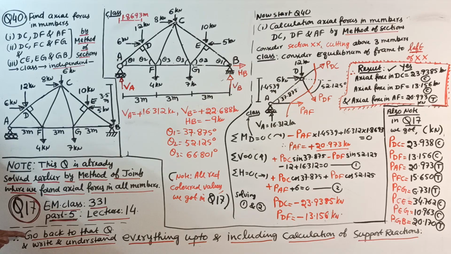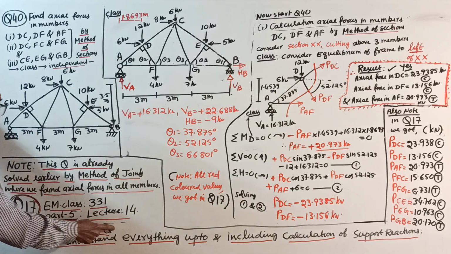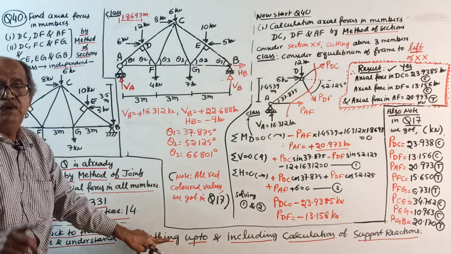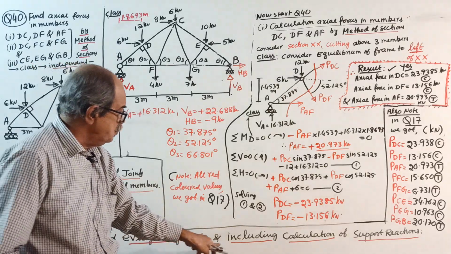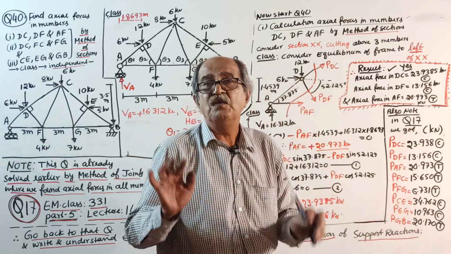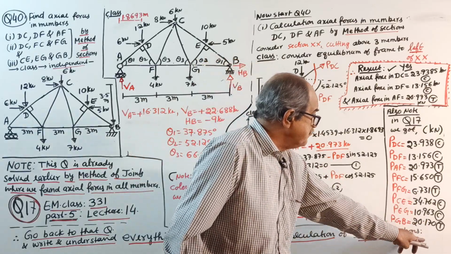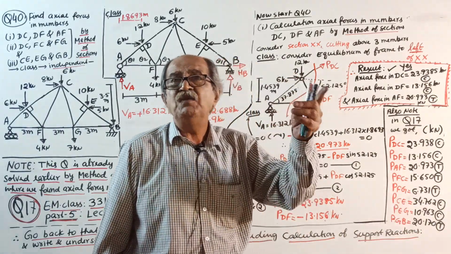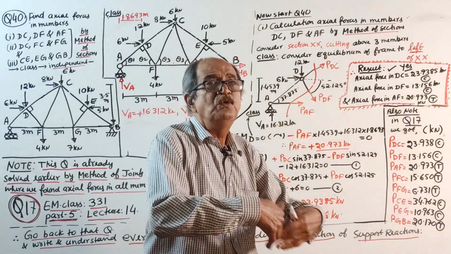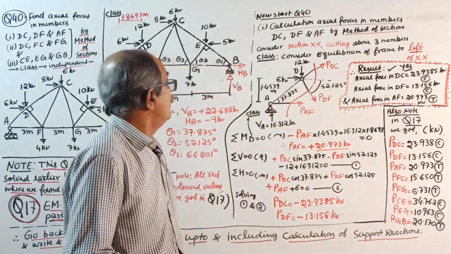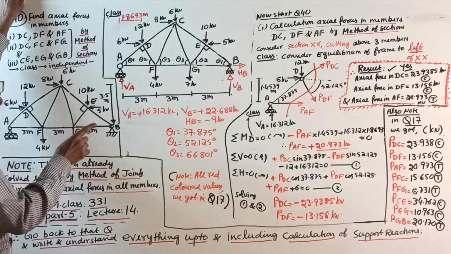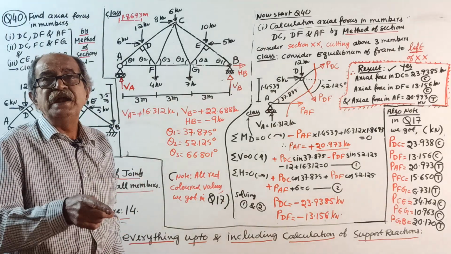So go back to that question and write and understand everything up to and including the calculation of support reaction. That's all. Why? Once you find the support reaction, there we continued with the method of joints. Here we will continue with the method of sections. So whatever I told in that earlier class, question number 17, write everything once again.